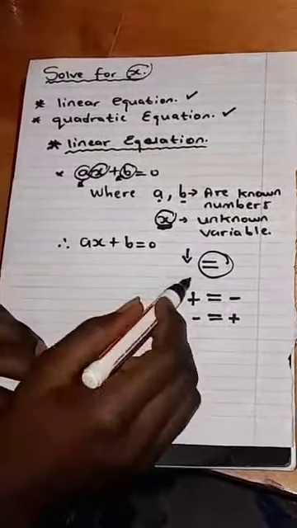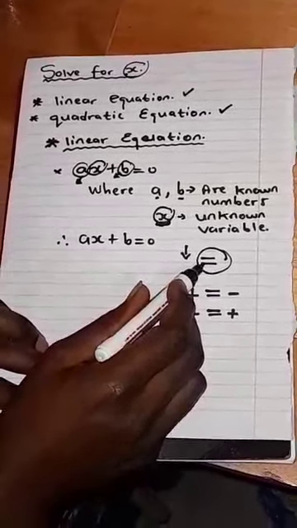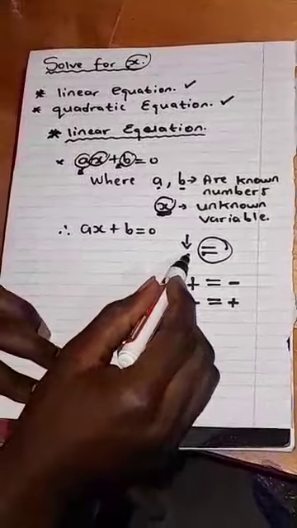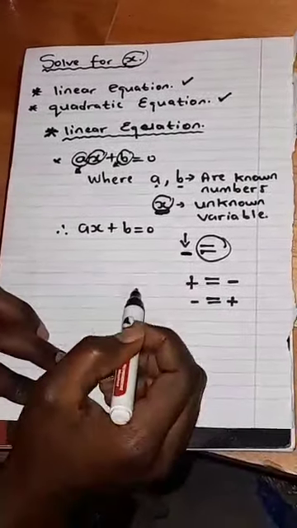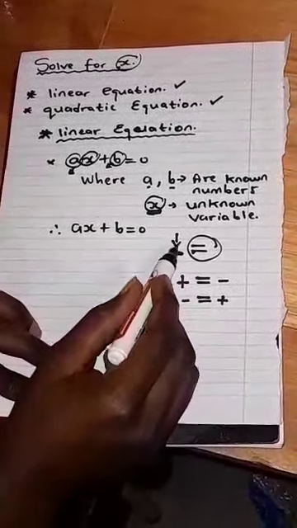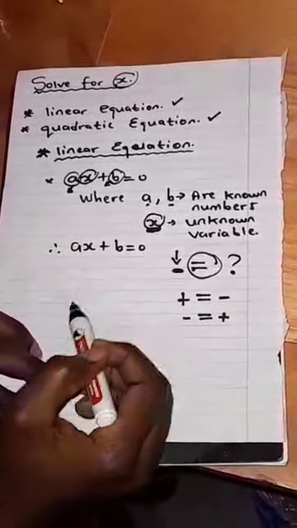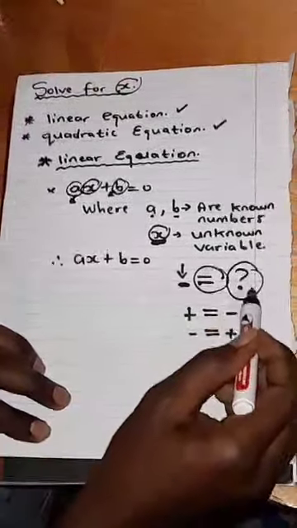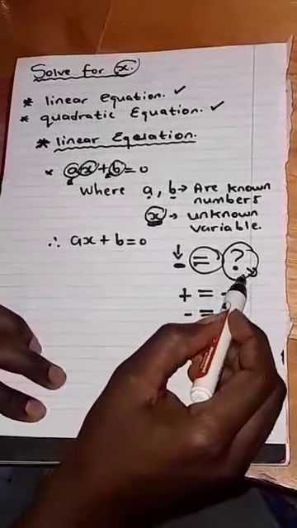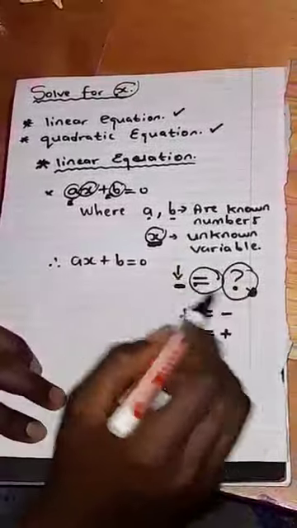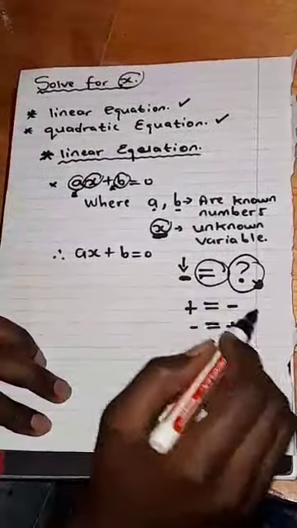This equal sign means the unknown variable, which is x, must be on this side of the equal sign. So your unknown variable must be equal to something on this side, and this side must be only the coefficients.